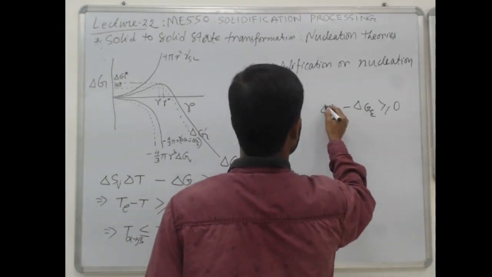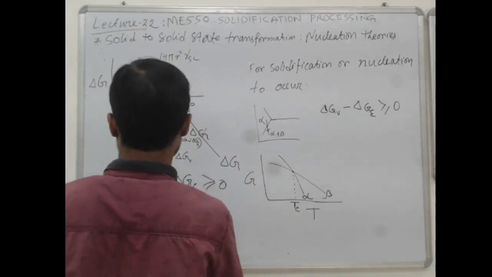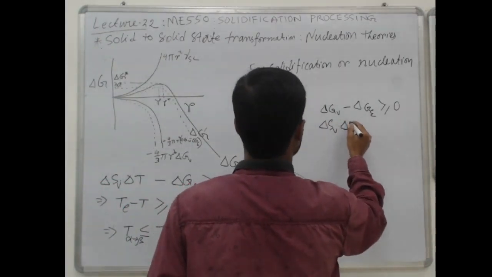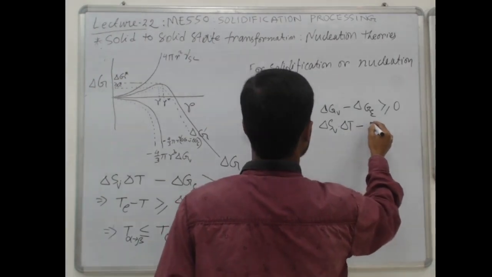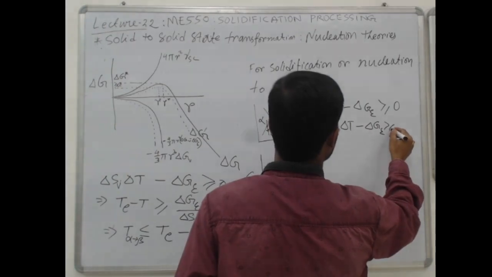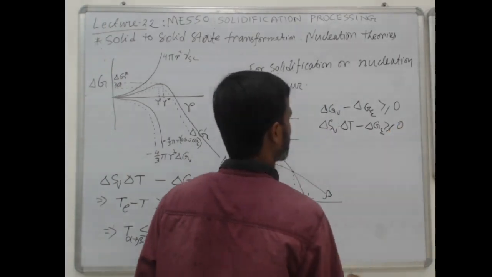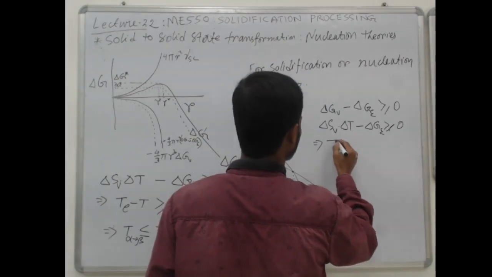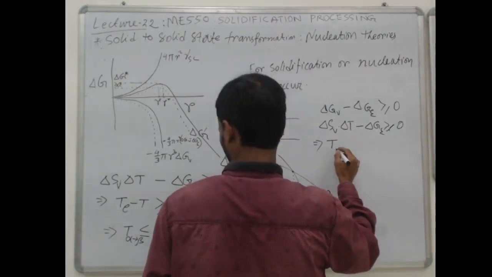And then here delta G volume will be similar, delta S volumetric delta T minus delta G elastic, greater than or equal to 0.